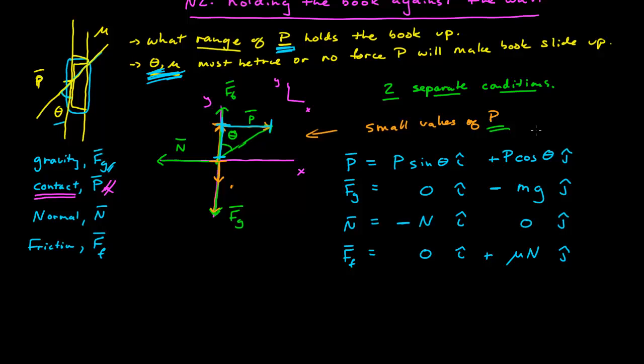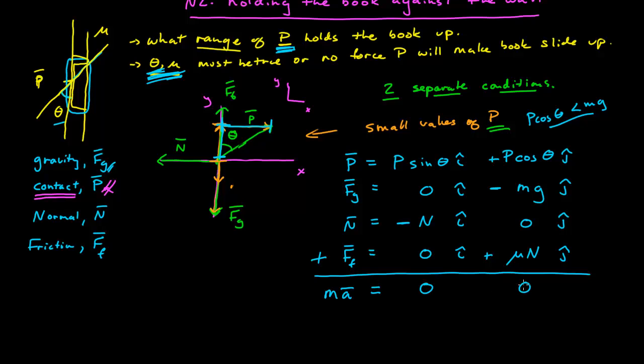So really, I can identify that here: P cos theta less than mg is the region that I'm looking at. Okay, so these are my forces. I'm going to sum them. These are equal to my mass times my acceleration, and my condition is that I'm holding the book against the wall. It's not moving. So my acceleration in both directions is 0.